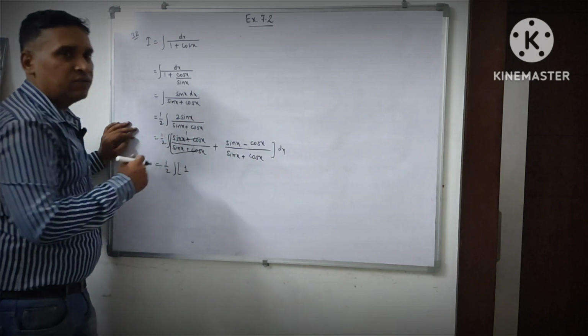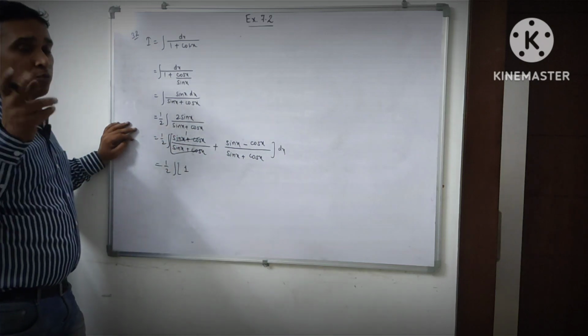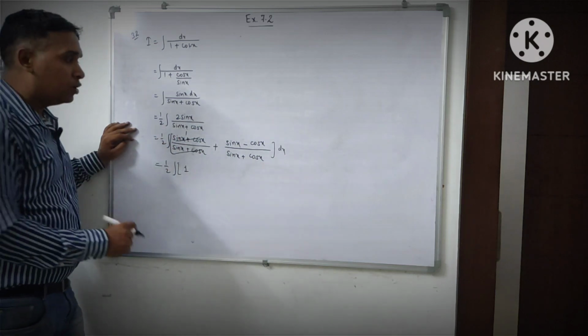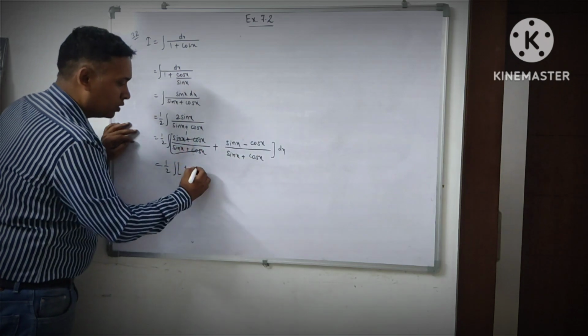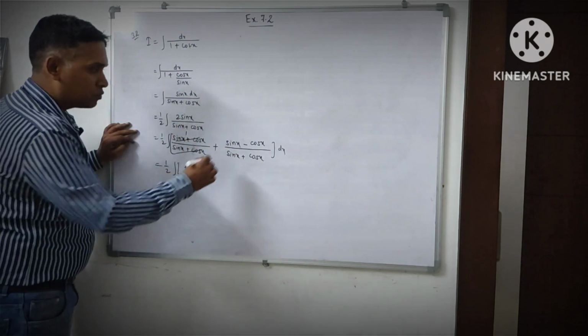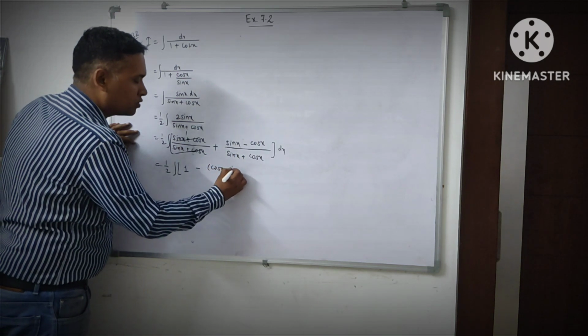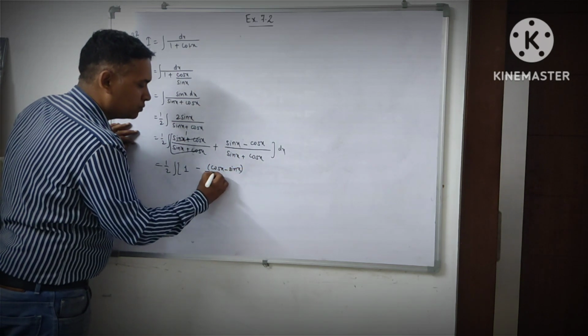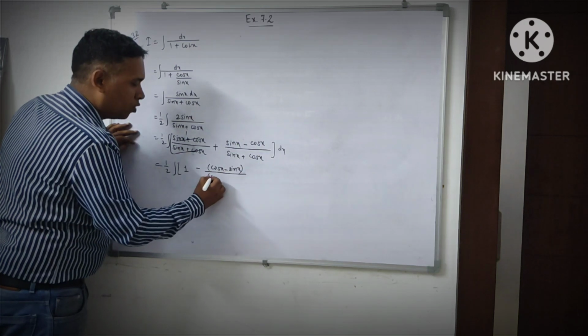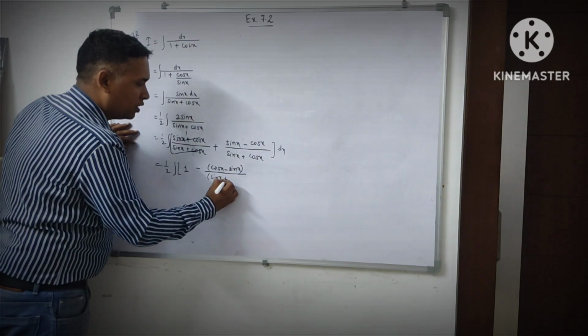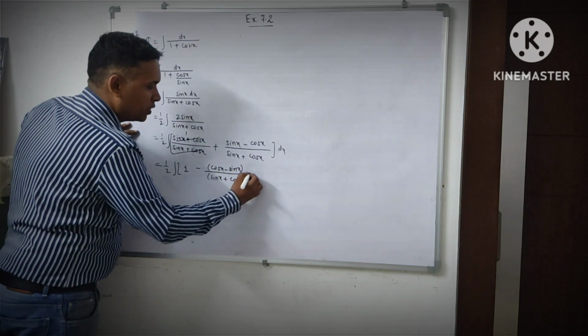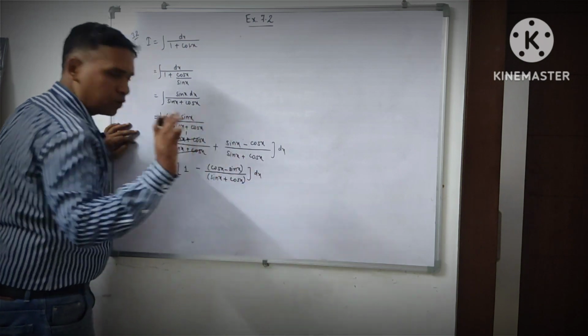The expressions are available in the numerator part but with opposite signs. So what we can do? We can take this minus sign common. As soon as I take out this minus sign common, it will become cos x positive and sin x negative. Any doubt? And in the denominator, it is sin x plus cos x. Are you getting my point?